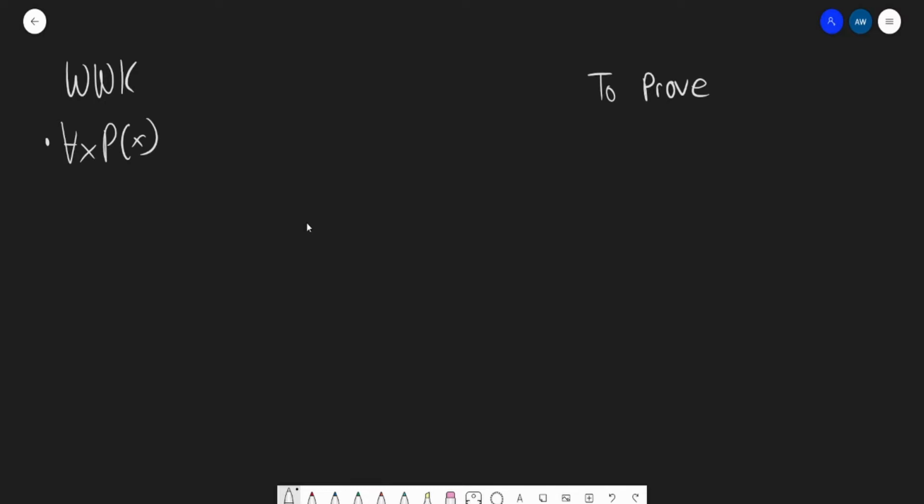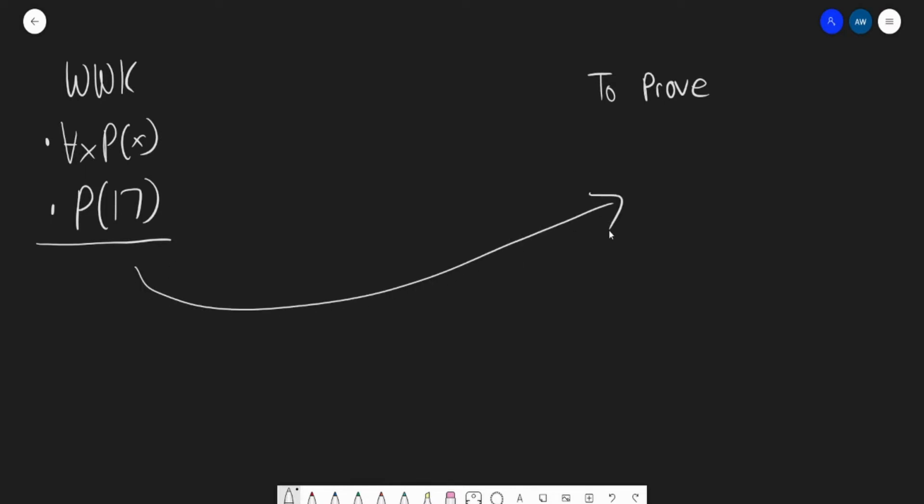Essentially, this means that you can replace x with any value you want and have that resulting statement still be correct. For example, I can replace x with the number 17 and have p of 17 be correct. And since p of 17 is correct, it's something we know to be true, then we can put it on the left side of the table, the what we know table.